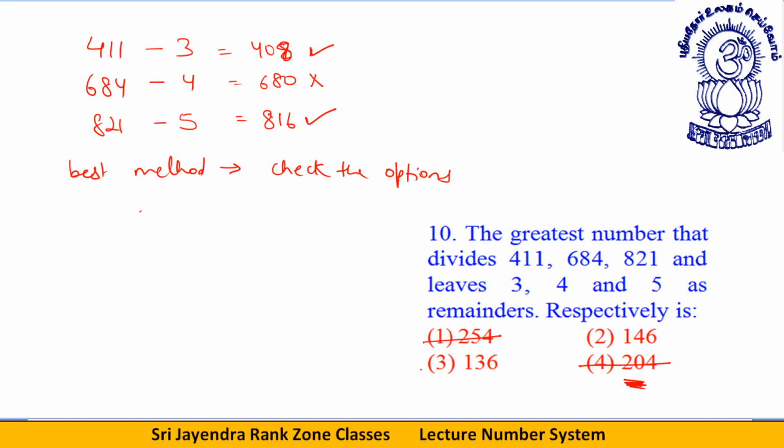Let's talk about 136. 136 appears to me as it will divide. Yes. Clearly, 136 is the number which is dividing all these. I can easily see. Clearly, 136 is the number which divides all the three numbers.